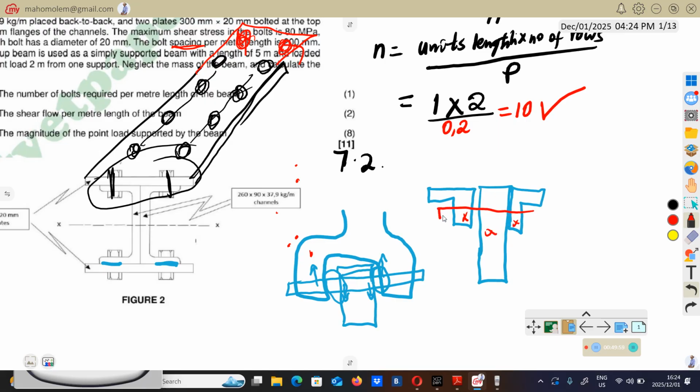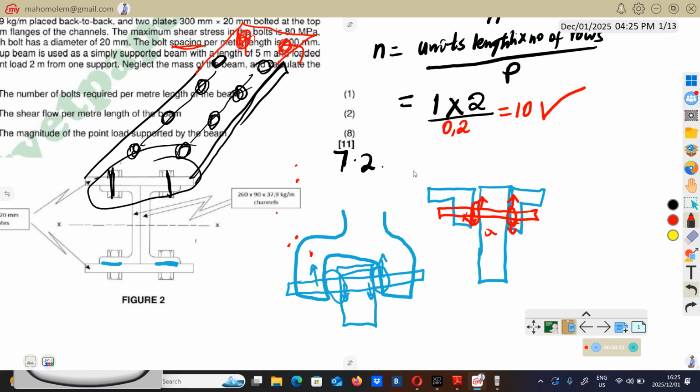If you pull your bolt like this here, maybe this one will push down, this one in the middle pushes up, this one pushes down, this one in the middle pushes up. So this bolt is going to get sheared there and there. In this case, you're going to have double shear. But with this one of 2 blades, you're going to have a single shear. Now that means we're going to have 1 shear plane.